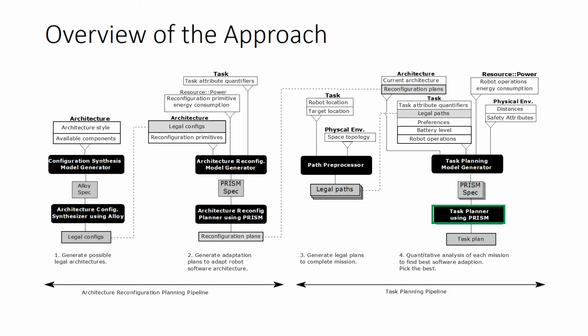For each candidate solution PRISM specification, the task planner uses PRISM in the backend to resolve the non-deterministic choice of architectural configuration via MDP policy synthesis. The policy is synthesized to optimize the task attribute preferences specified in the task model. Finally, the policy that better satisfies the task preferences is selected and translated into a task plan that is sent over to the MAPE execution stage.